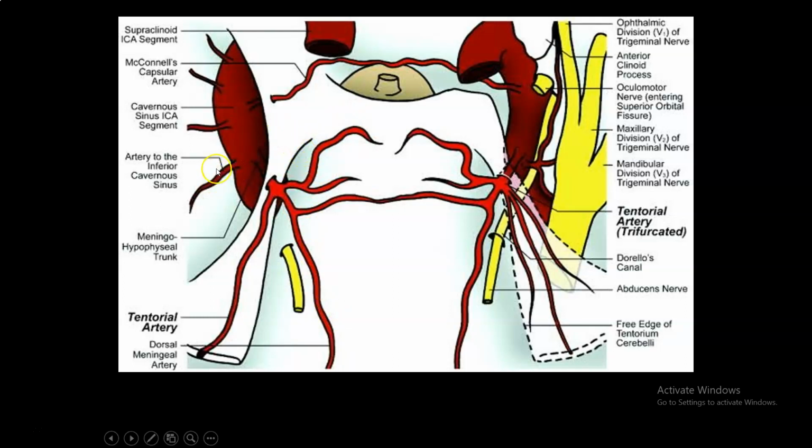Artery of the inferior cavernous sinus and McConnell's capsular artery from the upper surface. Artery of the inferior cavernous sinus from the lower surface, the inferior surface of the carotid. So these are the intracavernous branches of the internal carotid: meningohypophyseal trunk, artery of the inferior cavernous sinus, McConnell's capsular artery.